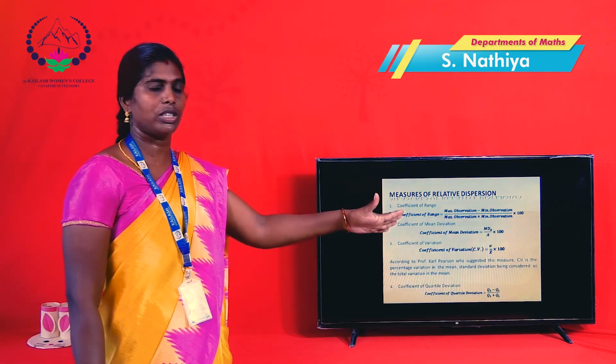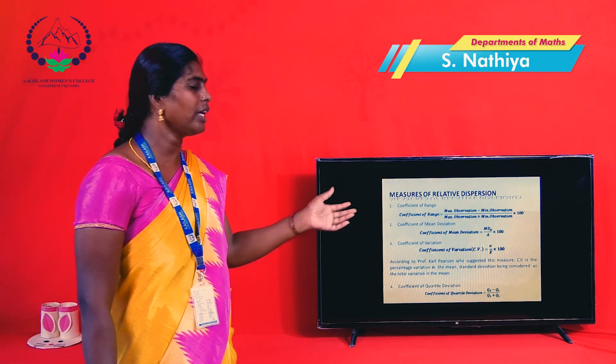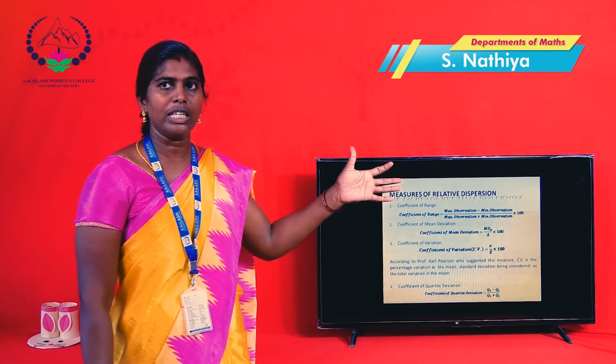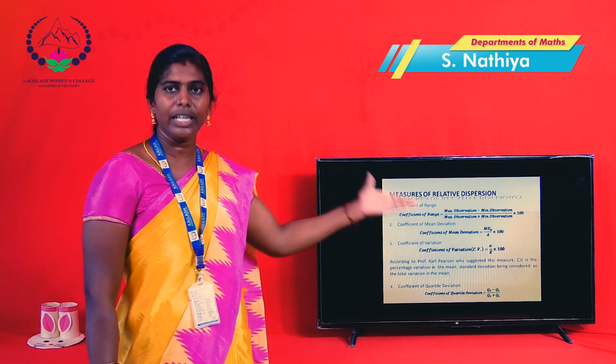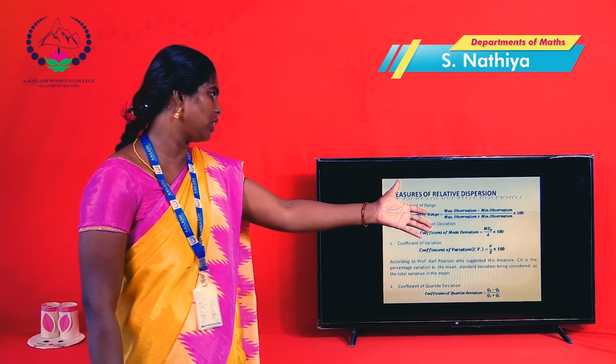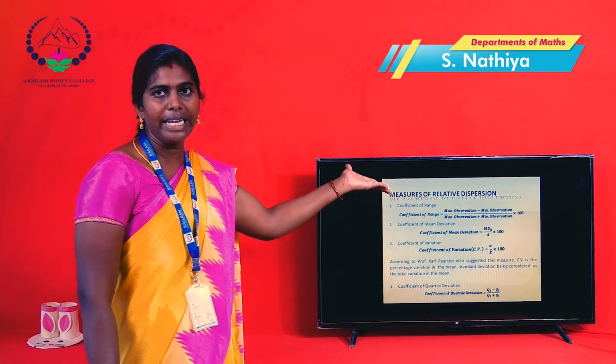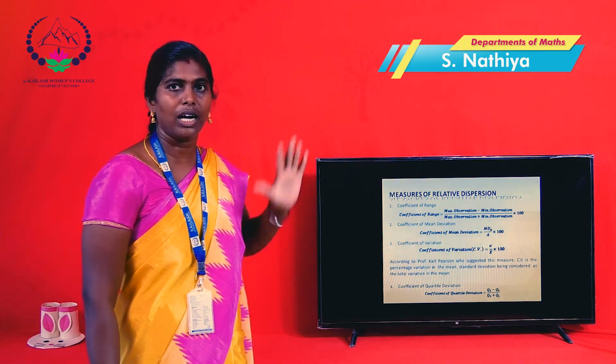Measures of relative dispersion. First, coefficient of range equals maximum observation minus minimum observation divided by maximum observation plus minimum observation. Coefficient of mean deviation equals mean deviation about mean divided by mean, into 100.